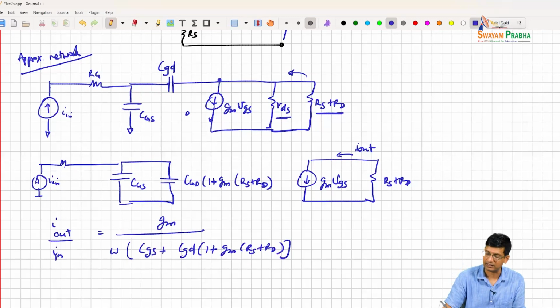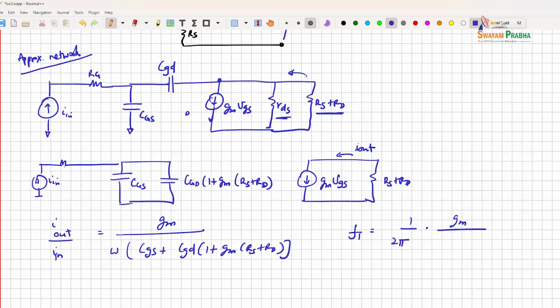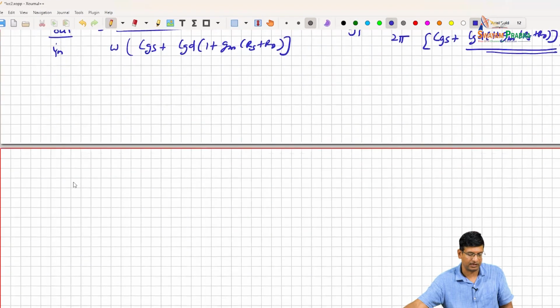So my omega T, my FT, basically becomes 1 over 2 pi times GM divided by CGS plus CGD times 1 plus GM times RS plus RD. So you can clearly see that the FT of my system is getting degraded because I'm adding this particular term to my denominator. So once you start including the parasitics, you can basically see that the high frequency performance of your system is beginning to degrade. So this is FT.